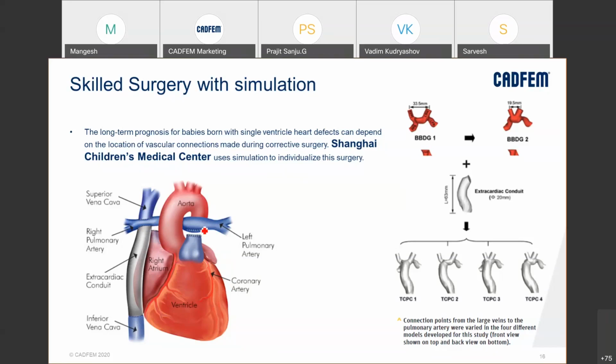Okay, so with this particular case, the surgeons are supposed to decide how to connect them. You can see on the right side there can be a number of ways to connect this, because in reality they are not connected, but now we are going to do this modification. Once we do this modification, it should not affect the overall flow behavior, right?